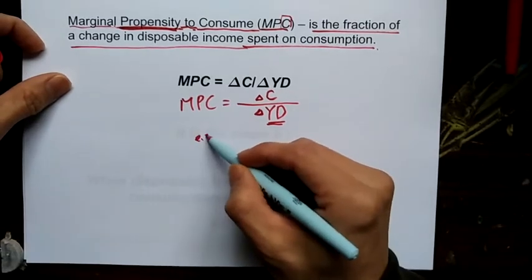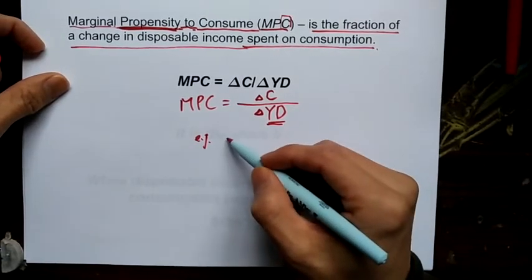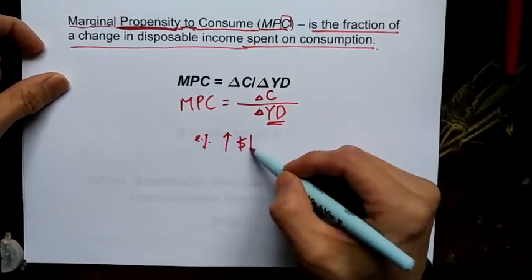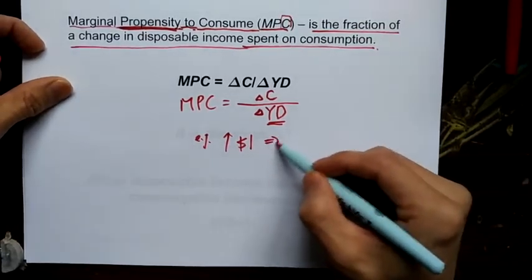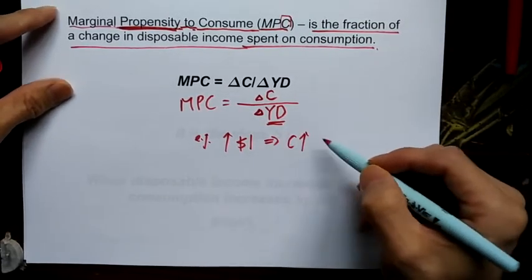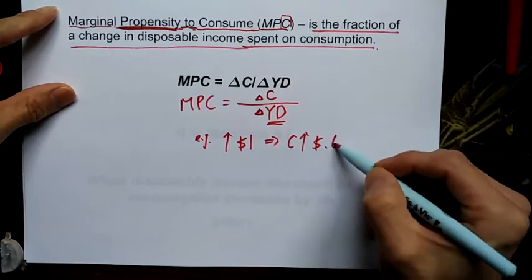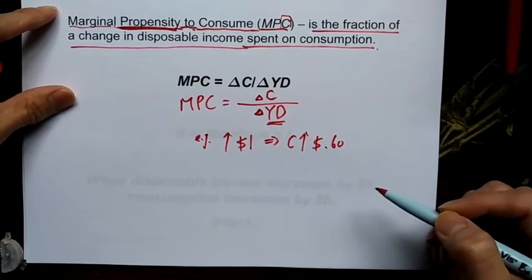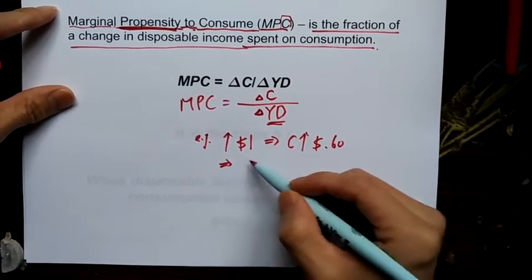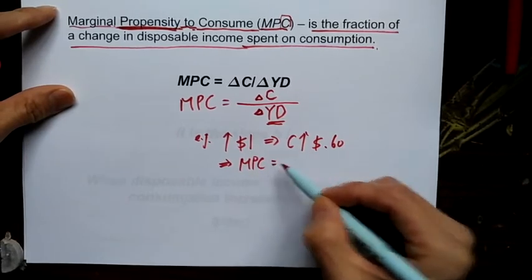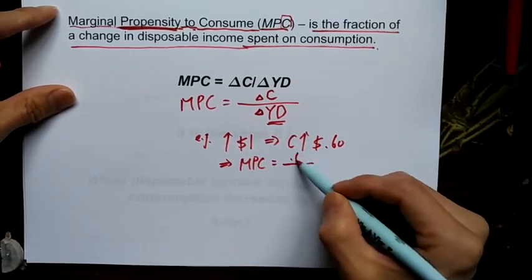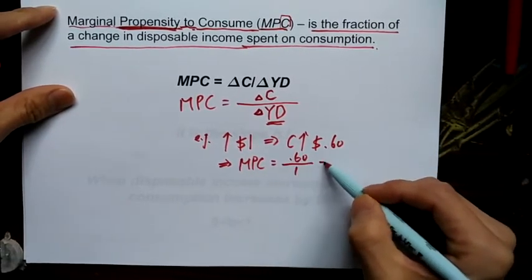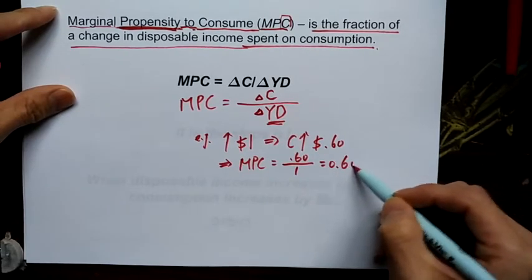Say, for example, if I give you an extra $1, you spend 60 cents in consumption, then your MPC is 0.6 divided by 1, which is 0.6.